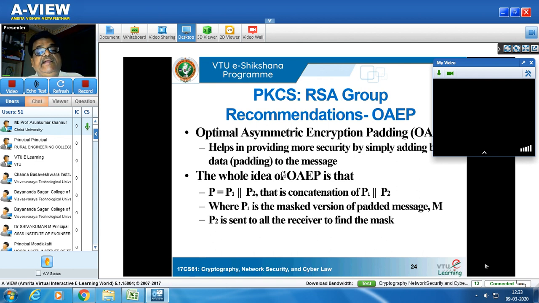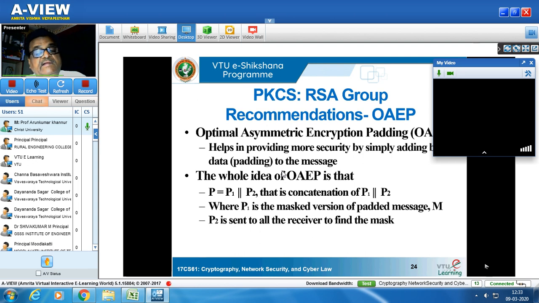The whole idea of OAEP is that there is a concatenation of P1 and P2, where P is a masked version of the padded message, meaning P will have P1 and P2. That we concatenate, and then it is transmitted.